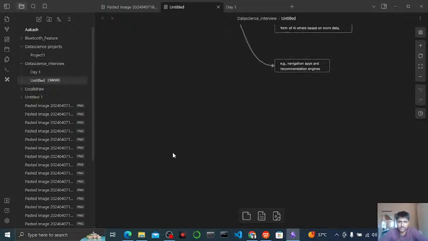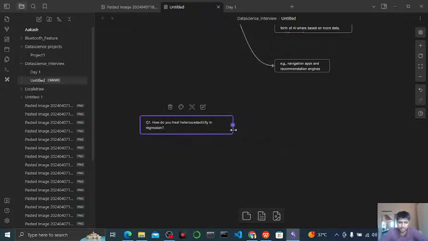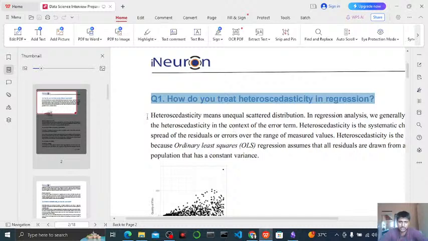So we'll take the big thing here: how do you treat heteroscedasticity in regression? Heteroscedasticity means unequal scatter distribution.